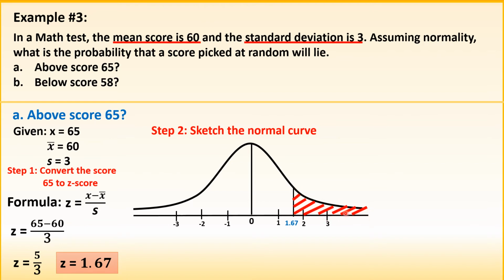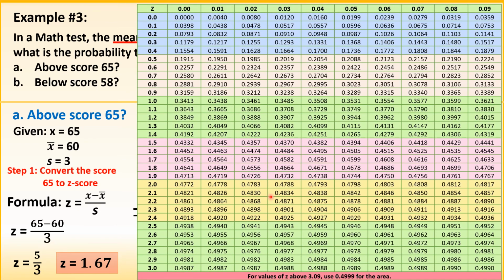Pero bago natin makuha tong area na to, kinakailangan natin kuhanin ang area nitong 0 to 1.67. So, gamitin natin ang z-table or yung table of area under the normal curve. So, 1.67, ito yung hahanapan natin ng area. So, from 0 hanggang 1.6, ito siya. Then, ito ay 0.0, so 0.07 na siya.